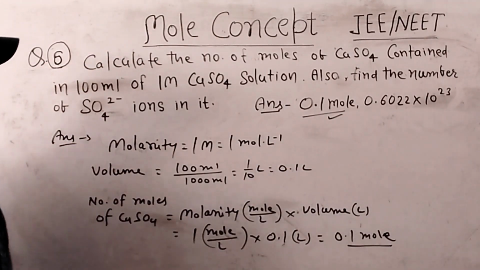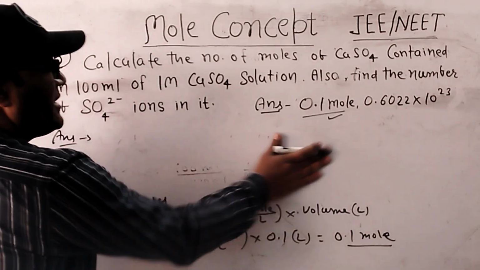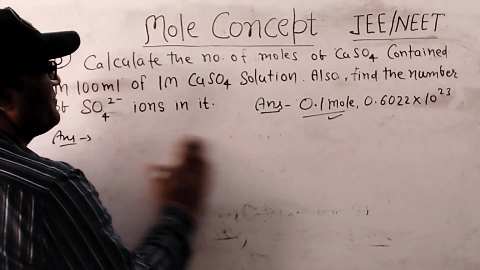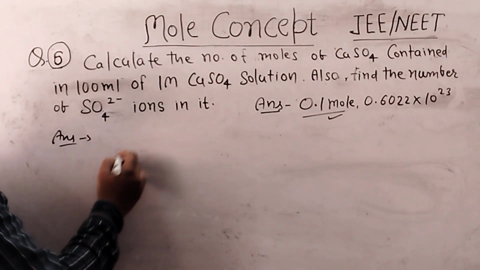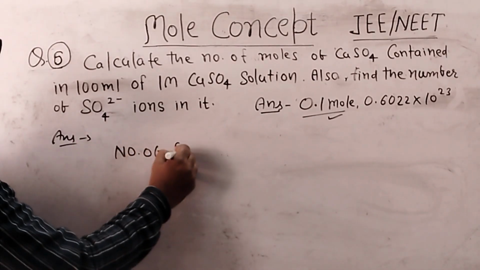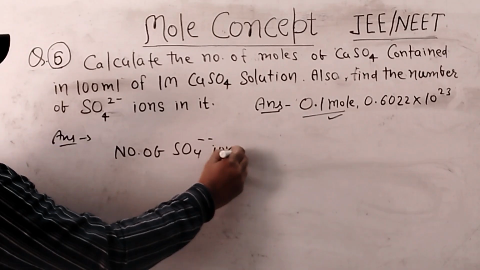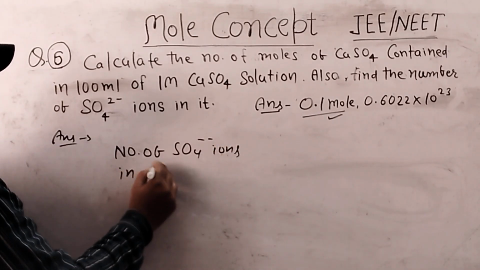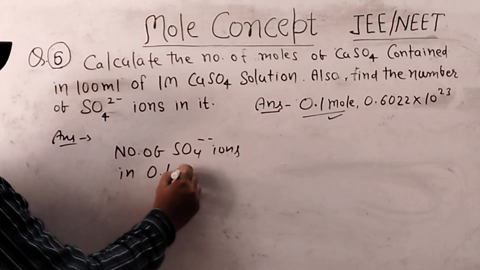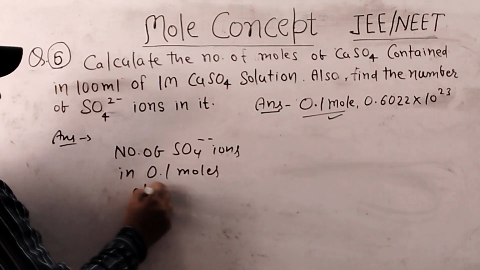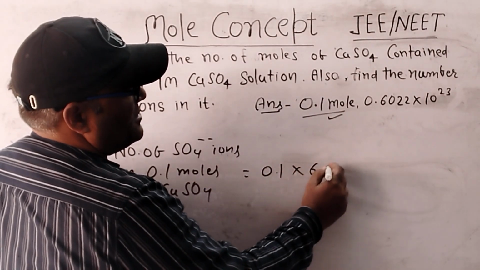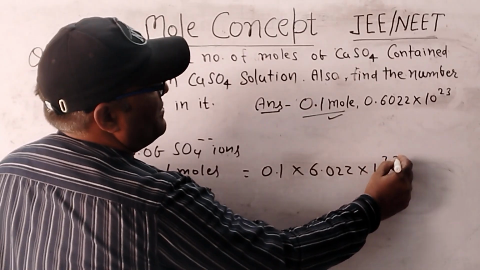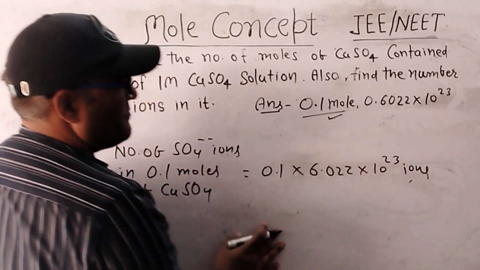After that, we can solve another part of the question. Now we can find the number of sulfate ions. Number of sulfate ions in 0.1 moles of CuSO4 is 0.1 into 6.022 into 10 to the power 23 ions.